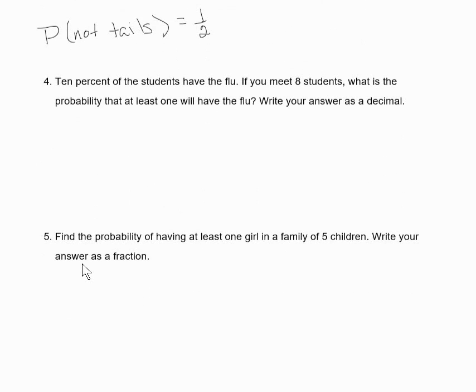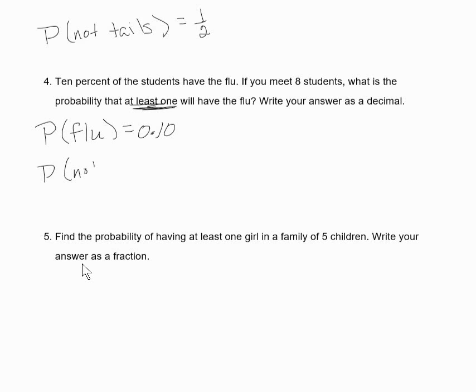Problem 4, 10% of the students have the flu. If you meet 8 students, what is the probability that at least 1 will have the flu? And write your answer as a decimal. Remember that when you see this at least 1 in your problem, you look at your reference sheet to find the at least once rule. The probability that somebody has the flu is 10%. I'm going to write that as a decimal, so 0.10. If you want to write it as 0.1, you can.